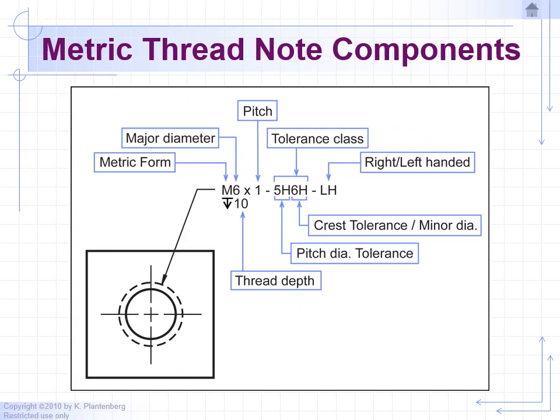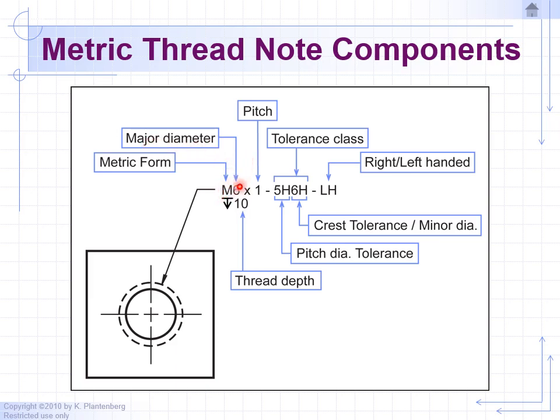In the next chapter, we are going to work with calling out metric threads. So let's go over metric. To distinguish from threads in inches, we're going to use the letter M for metric. So M stands for metric form, and we are going to be dealing with millimeters.